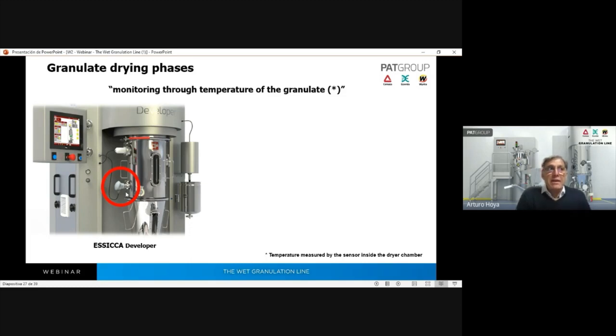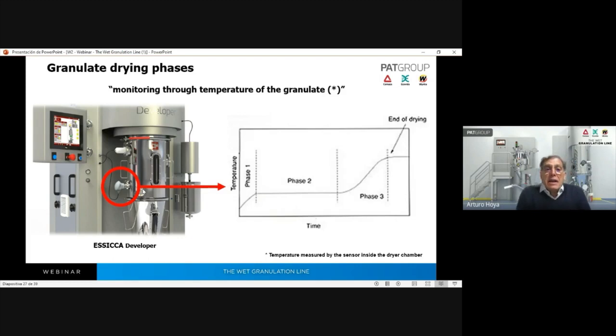So the air enters the fluid bed dryer at, let's suppose, 45 degrees, because you configure this temperature. But when it passes through the granules, it transfers heat, obtains evaporation of water, and transports this water. So the temperature that this sensor in the expansion chamber will measure is the equilibrium temperature of the drying process.